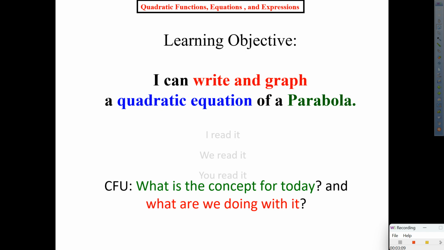Let's go with Jacob M., since he's very prompt and listening to instructions of putting away mobile devices. So, Jacob M. Parabola. Martin, parabola. Brandon Felix.